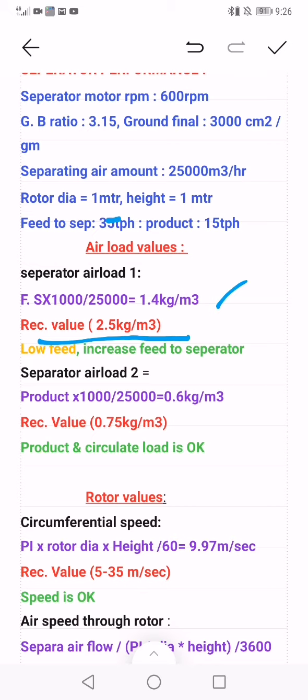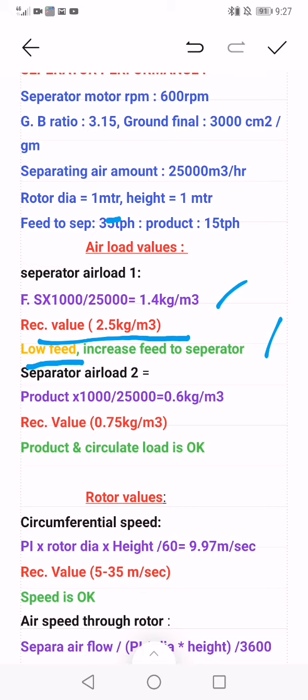So what we will finalize and analyze is low feed, and that means we need to increase feed to separator. The mill is asking for more feed, so increase feed to separator.